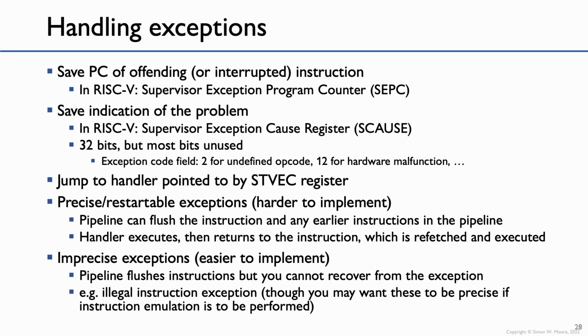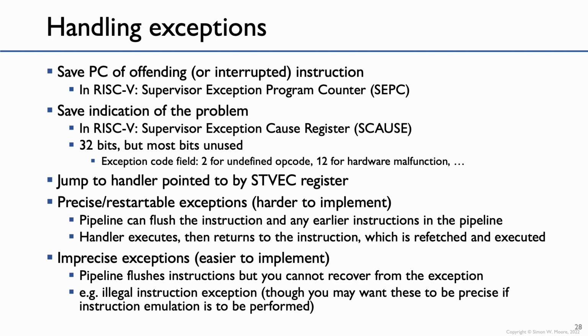We then jump to a handler that's pointed to by the STVEC register, and we could have precise or imprecise exceptions. A precise exception is one that's restartable. This is typically slightly harder to implement, but it's often what software wants.